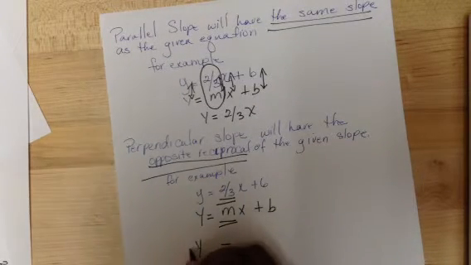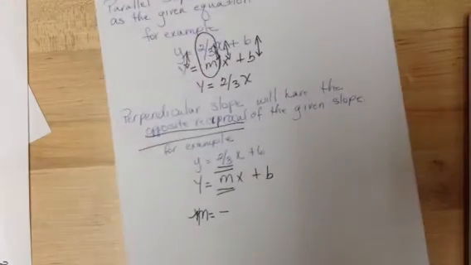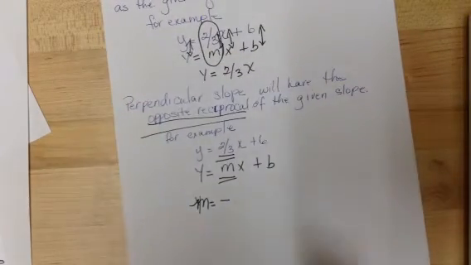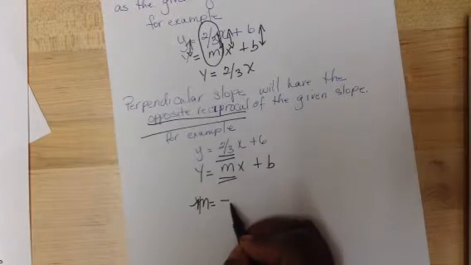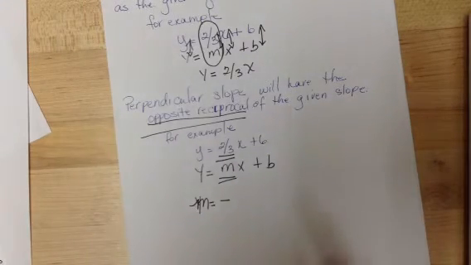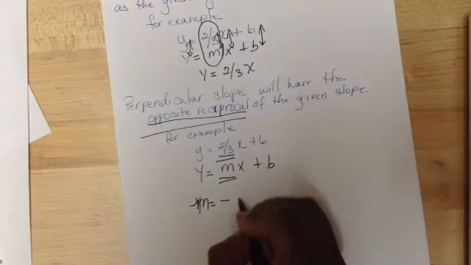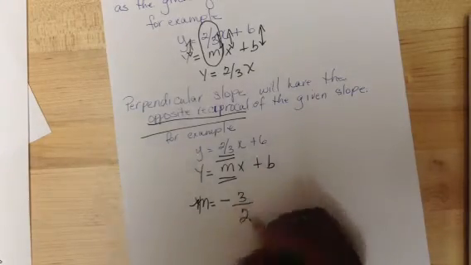So the slope of this line is going to be a negative because it's the opposite. And now I have to take the reciprocal. The reciprocal term you're used to, I'm going to take this and flip it. That will now give me 3/2.